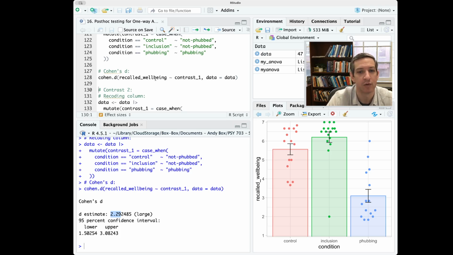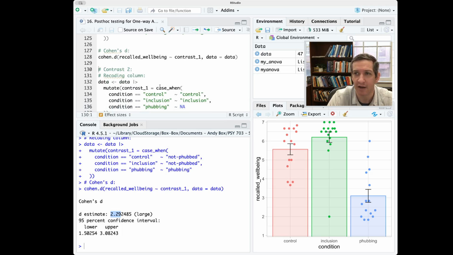Cool. So to get the Cohen's d for our second planned contrast, where we're comparing just the control condition to just the inclusion condition, we also have to create a new column here, and we'll call this contrast 2. And for contrast 2, we want to get rid of the fubbing condition because that wasn't a part of this contrast.